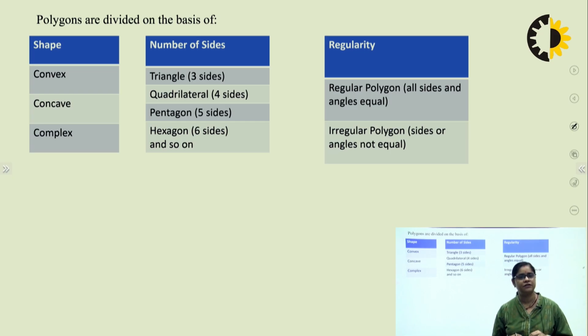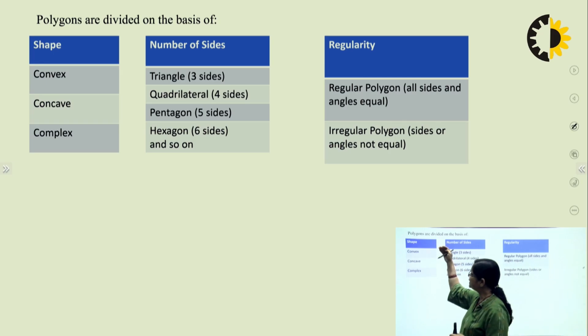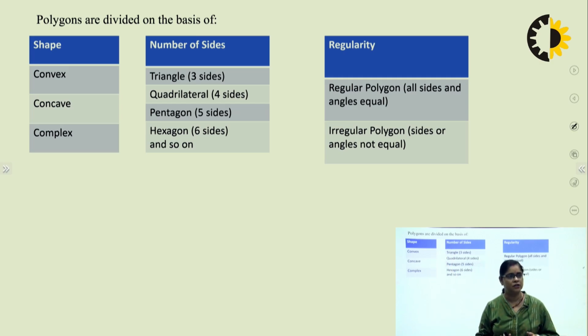In terms of graphics, polygons are divided on the basis of shape, number of sides and regularity. In today's presentation, we are going to discuss only the shape, that is convex, concave and complex.